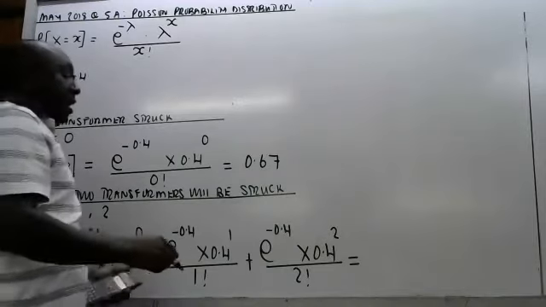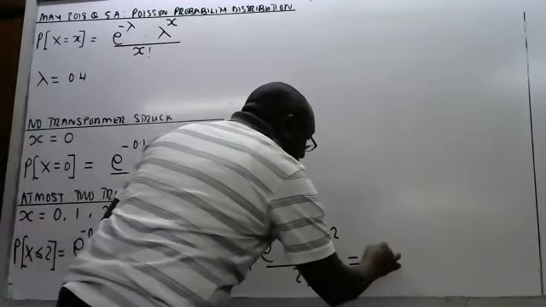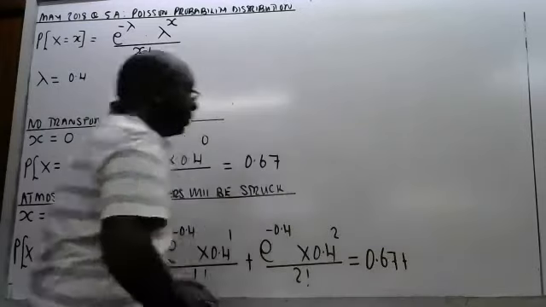So if we go by what we have said, to 2 decimals the first term is 0.67.